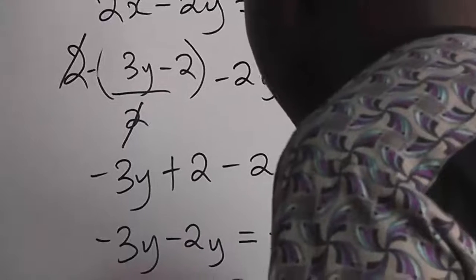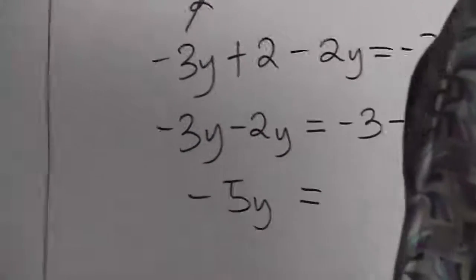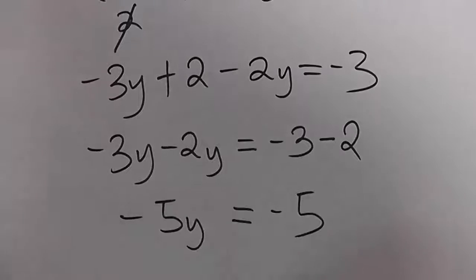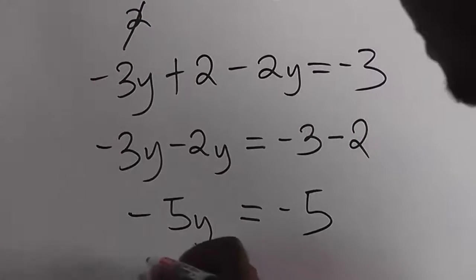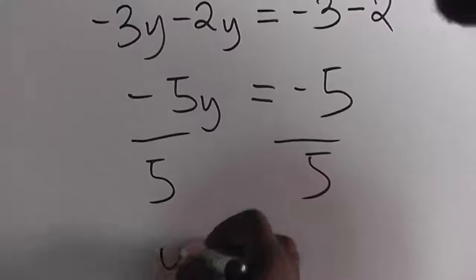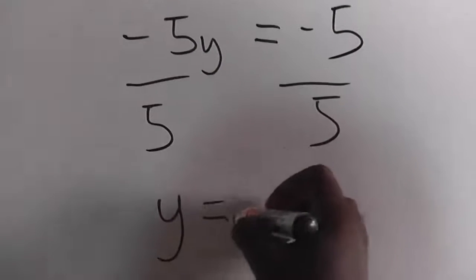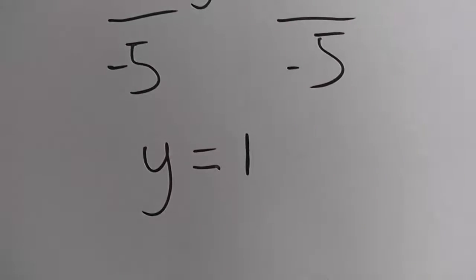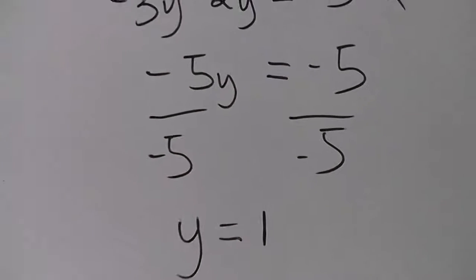This will give us minus 5y equal to minus 5. So if we divide both sides by minus 5, y would be equal to 1. We have gotten the value of y.